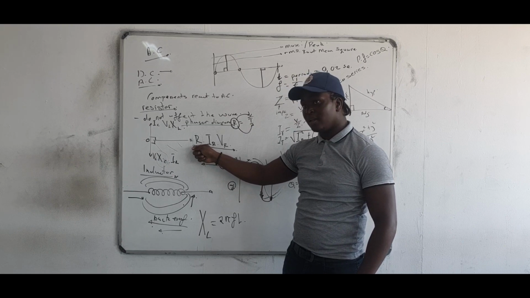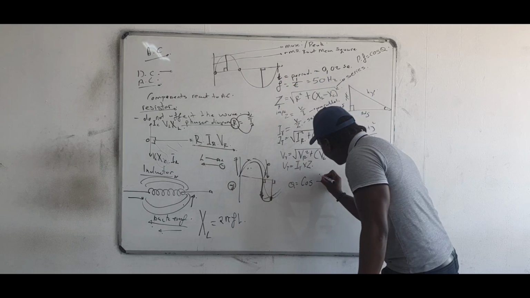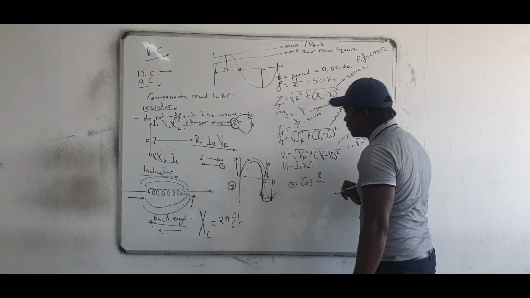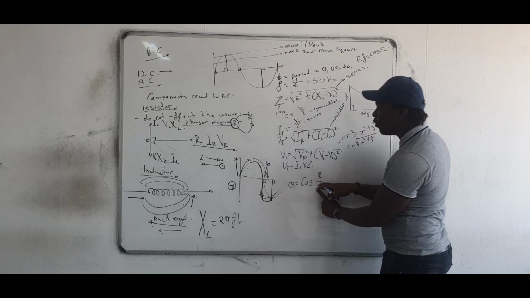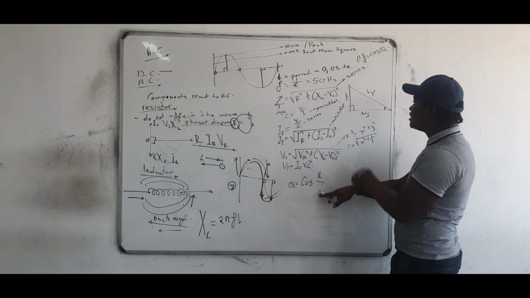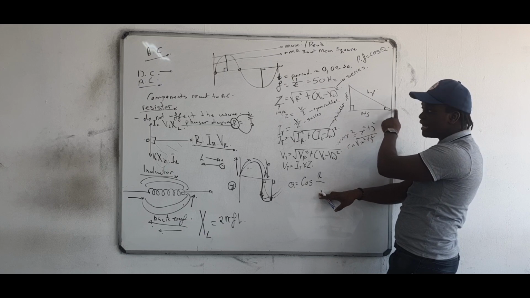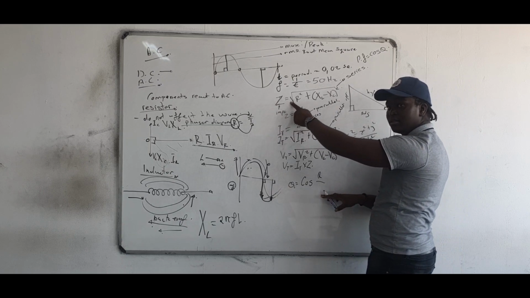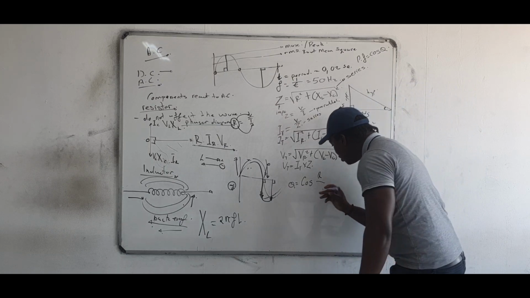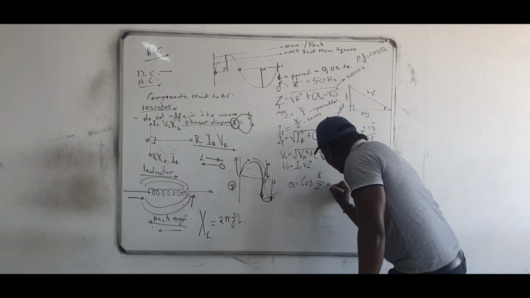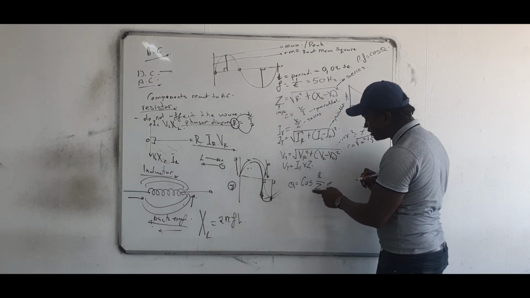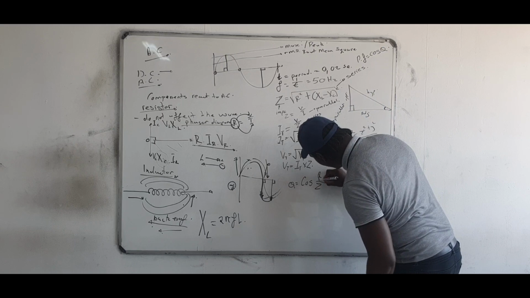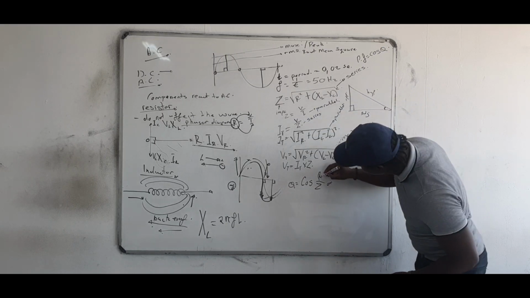It's our resistance. So it's going to be resistance divided by the hypotenuse. Hypotenuse is our resultant, and our resultant is Z, which is your impedance. That is correct.